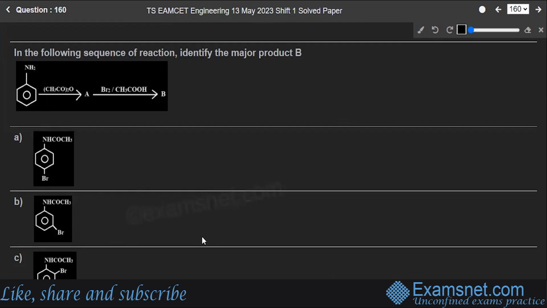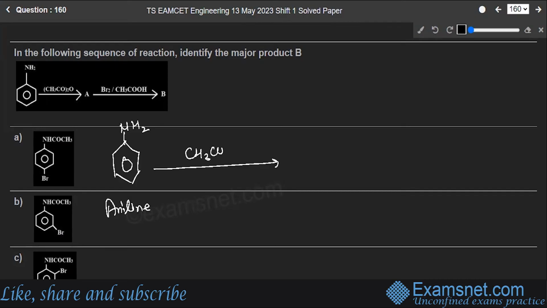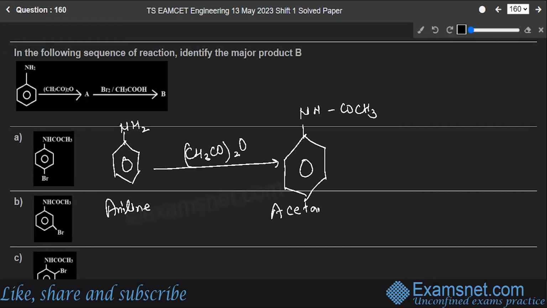In the presence of sequence of reaction, identify the major product B. So this is aniline. Let's write down the reaction over here. You are having an aniline over here. This is the ring and NH2, aniline. In the presence of (CH3CO)2O, this gives you the benzene ring with NHCOCH3. This is acetanilide.